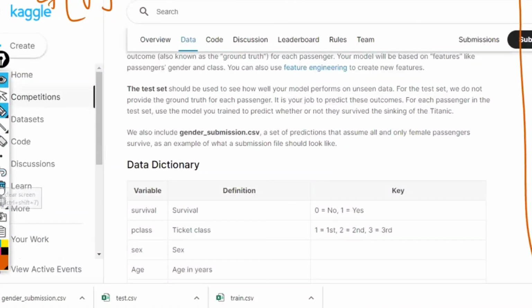Is that clear? Done? How to convert a data frame to a CSV file: whatever data frame you want to convert, df.to_csv will convert the data frame to CSV. If you want a single column, it converts the single column. If the entire data frame, it converts the entire data frame. Right?